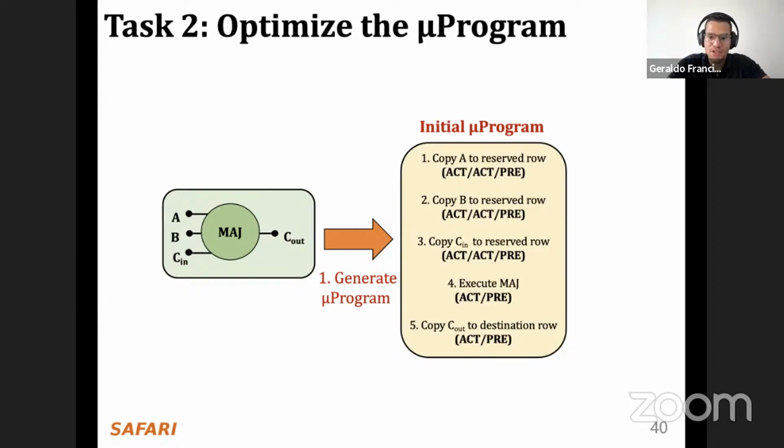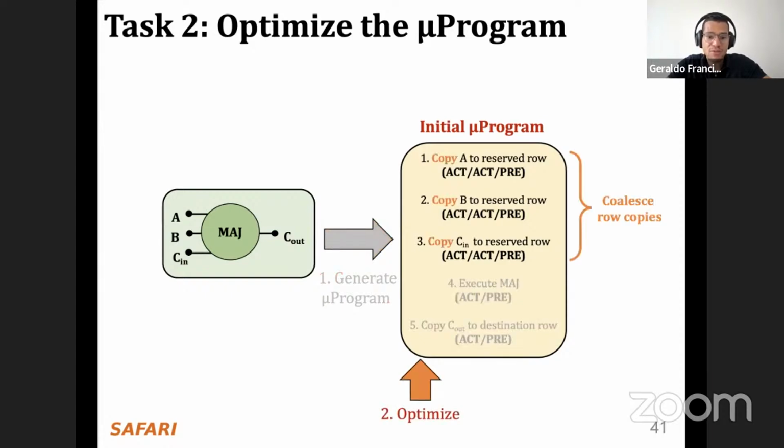These optimizations leverage the structure of the processing-using-DRAM substrate that we are using. The first optimization we propose is to coalesce row copies that are targeting the same inputs and the same DRAM rows. We can do that based on the instructions of the subarray that we have in DRAM.